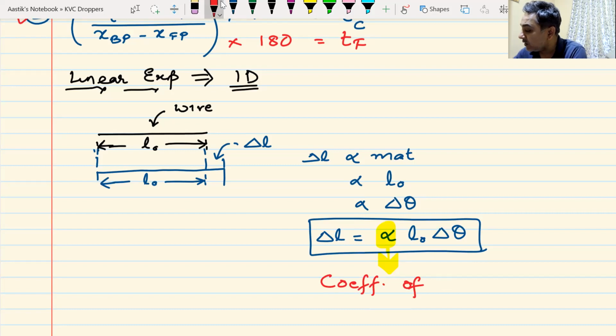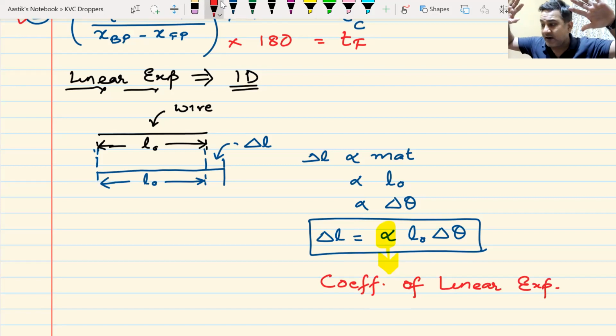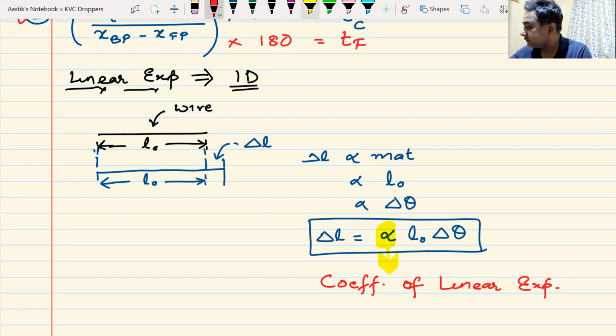Are you following me or have I gone too fast? This alpha is known as the coefficient of linear expansion. Are we on the same bus with me, or has the bus left the station? What is this delta L?